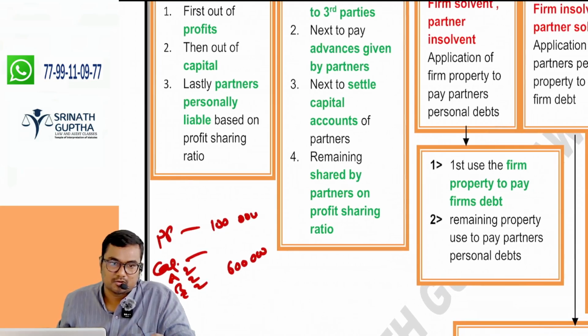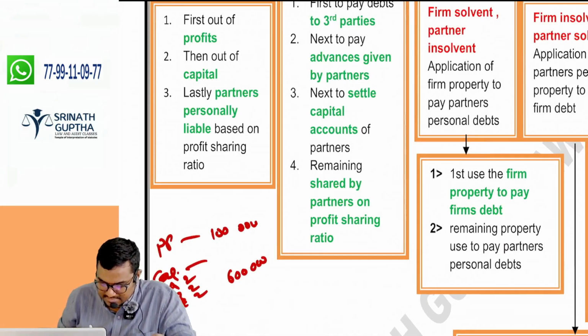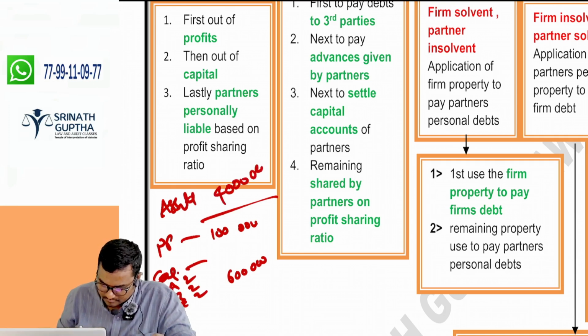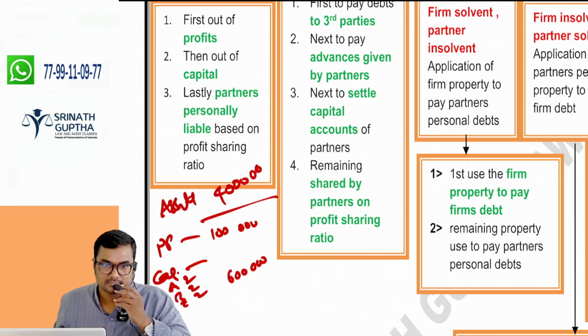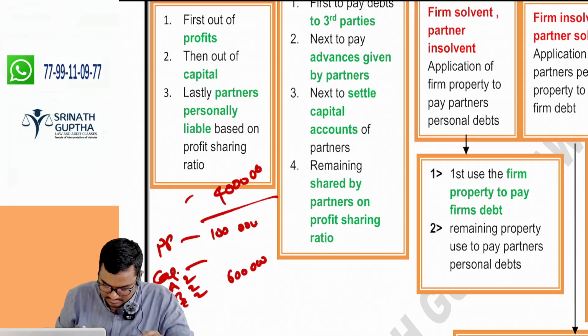Total 7 lakhs. But assets available on the date of insolvency will be 4 lakhs only. Liabilities are 10 lakhs.